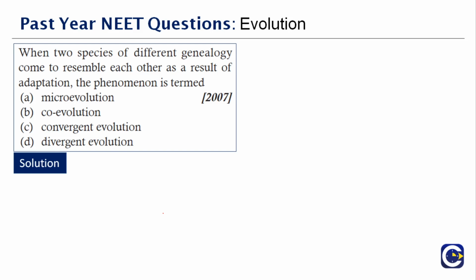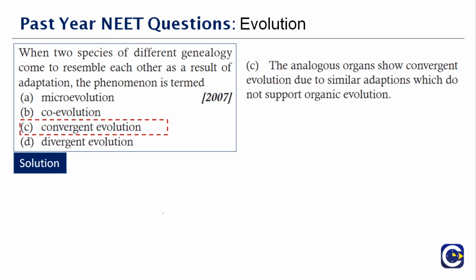So the clue that you have is adaptation. So here we are talking about convergent evolution. Therefore, the right answer to this question is option C.